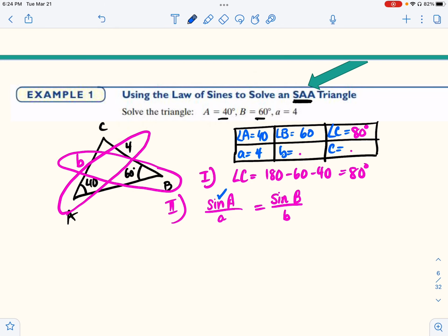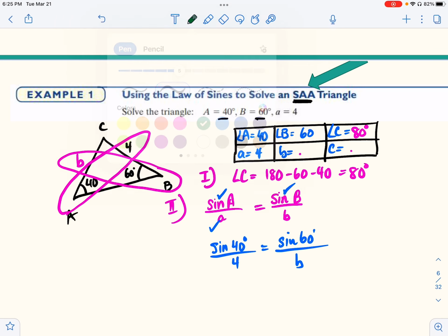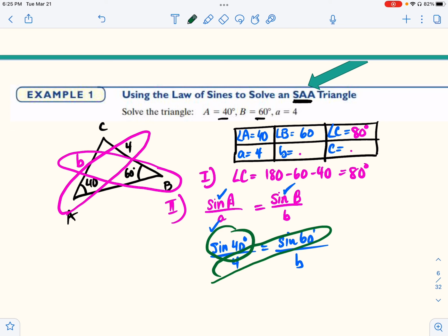Reason being, we know the value of sine A, we know A, and we know sine B, which means 3 of the 4 are known, hence we can find the 4th one, which is the unknown. Let's go ahead and start substituting. Sine of A is 40, A is 4, sine of angle B, which is 60 degrees, over B. Now to find B, I would cross multiply and divide, which is the same as cross multiplication, but it saves you an additional step.